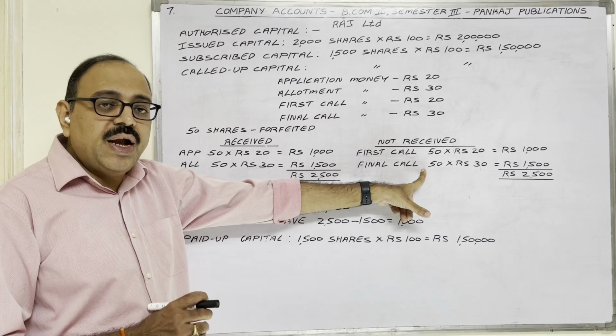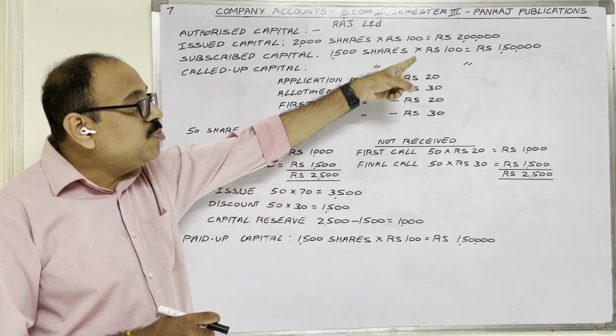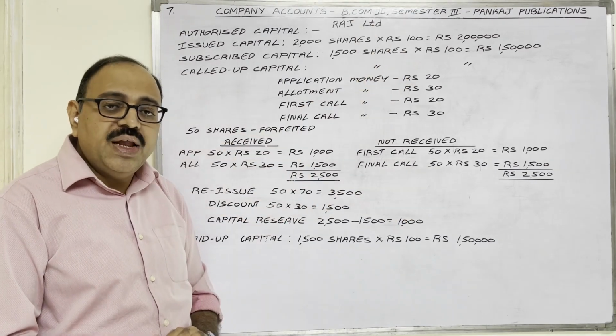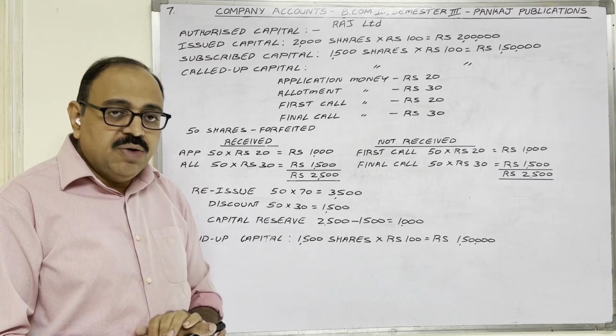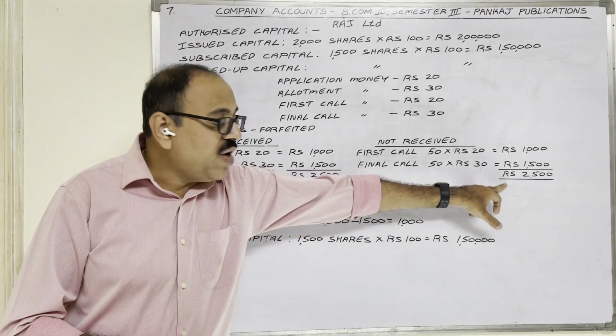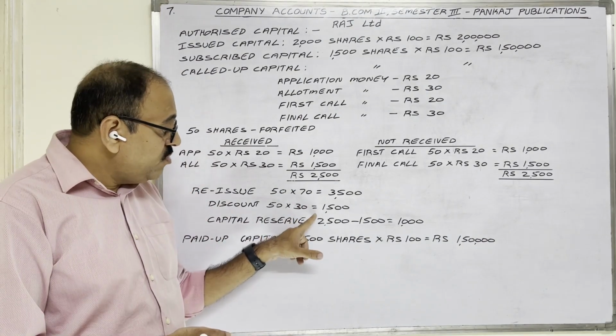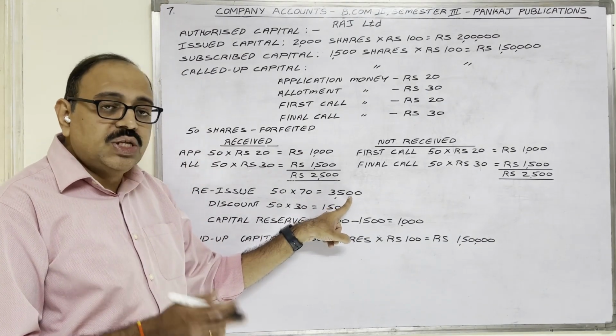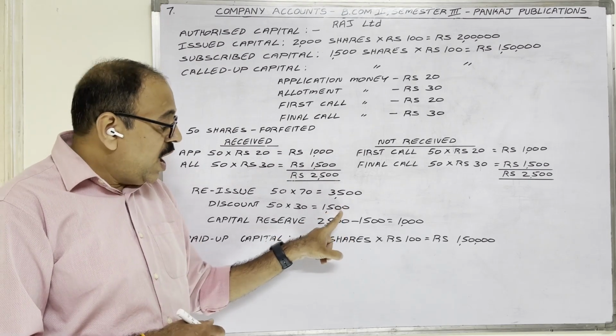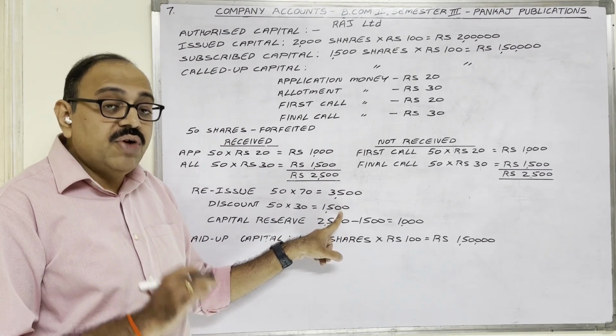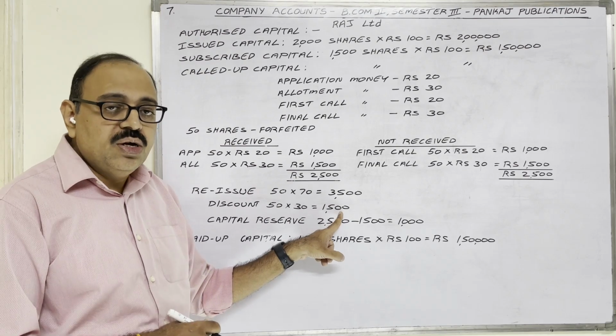So in books we are writing that again at 100 rupees we are issuing them. So finally there are no calls in arrears, because this 2500 loss the company has adjusted. How? At the time of reissue, from shareholders 3500 is coming, and the discount loss we have also adjusted from share forfeited account.